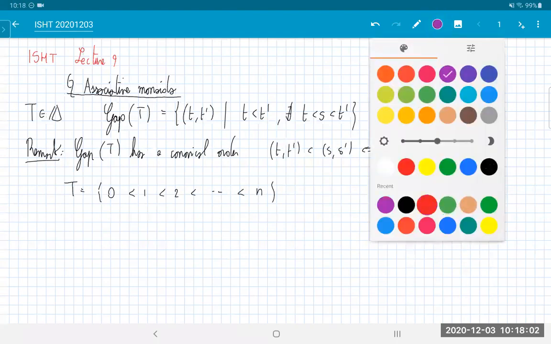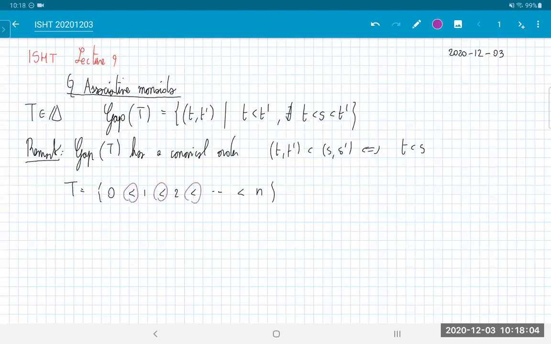Gap is really the set of the minus, the lesser or equal sign in this thing. And it has clearly a canonical order. Sort of seeing the gaps between objects, that's where the name's coming from.